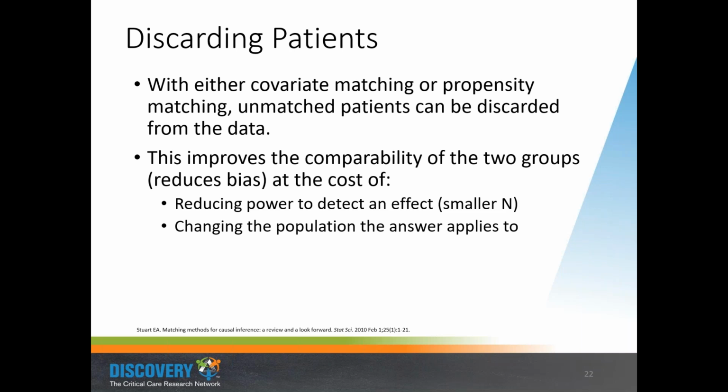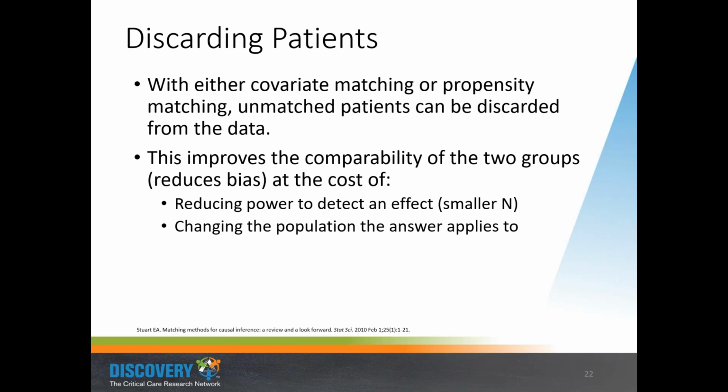Well, it does improve the comparability of the two groups, so that reduces the bias you're going to get in your answer. But the cost is that you reduce your power to detect an effect because you've gotten rid of some samples that potentially could have been useful. So that's more variance or lower power, or two ways to say the same thing. And the other effect is a little more subtle, which sometimes people don't think about, which is that you've changed the population that the answer applies to.